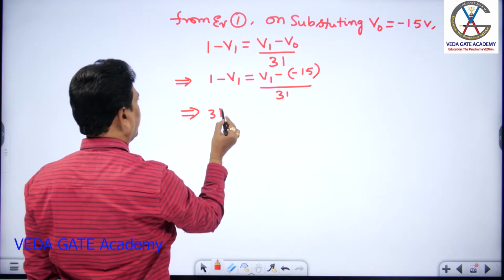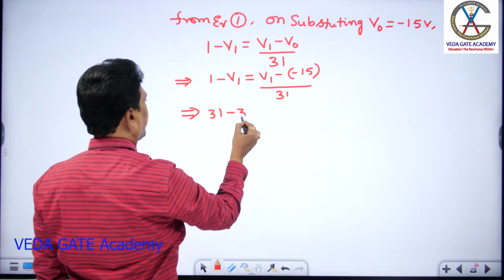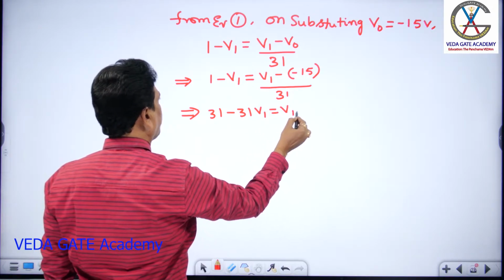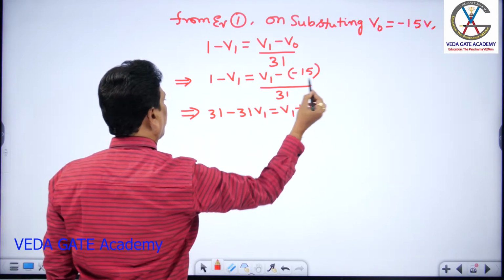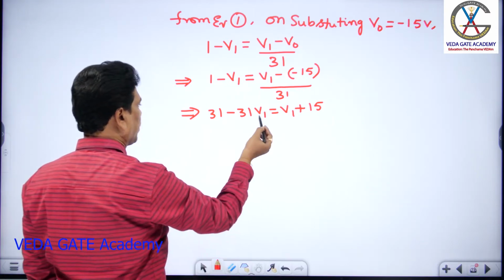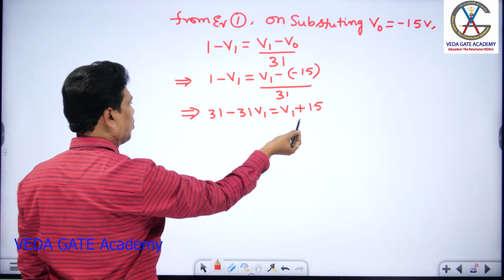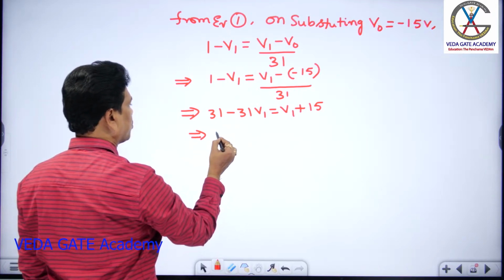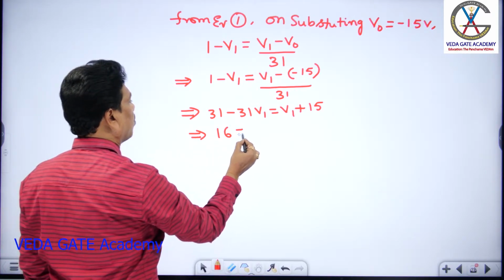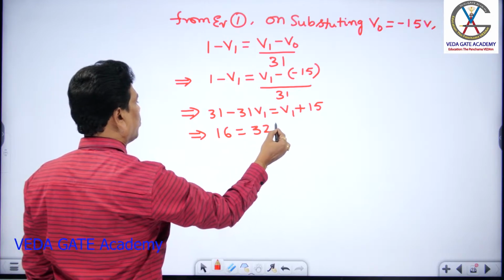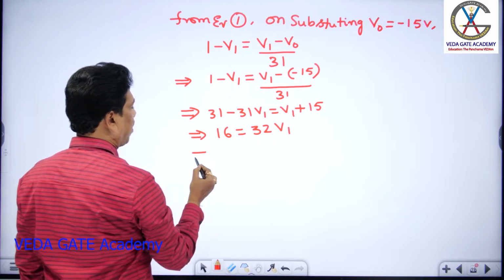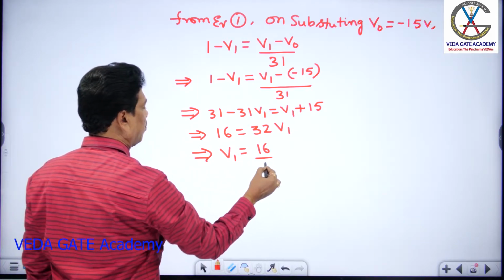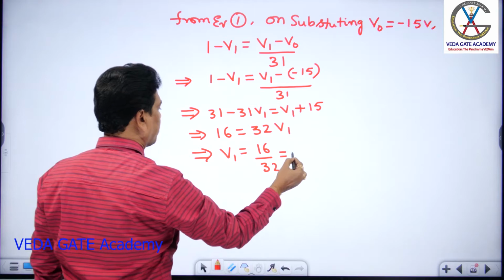So 31 minus 31 V1 equals V1 plus 15, right? Take this one this side, that becomes 32, and this becomes 16. 16 equals 32 V1. That implies V1 equals 16 by 32, that is 0.5 volt.